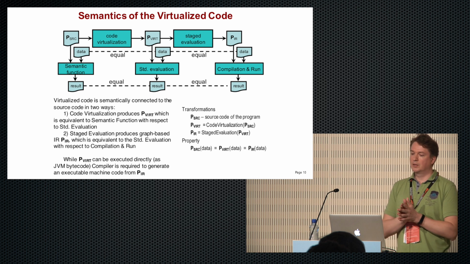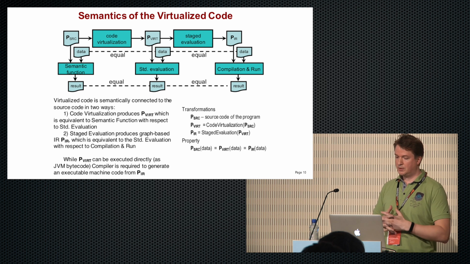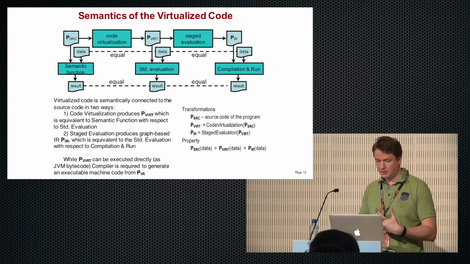And if we look at the whole picture of what we just discussed, code virtualization has some semantic meaning. If we have our original program, a Scala program, we can execute this program, and if we give data to the program, we get a result back. And this is our original semantic function of the program.